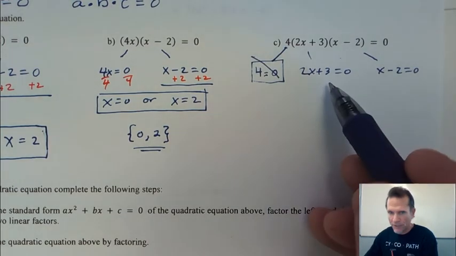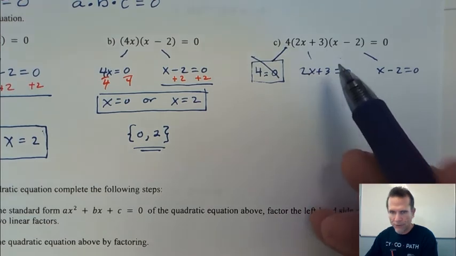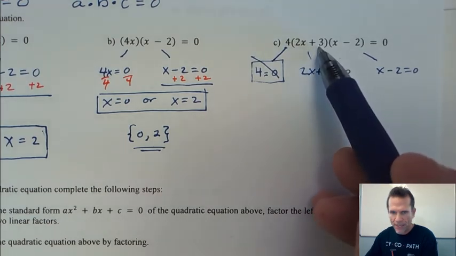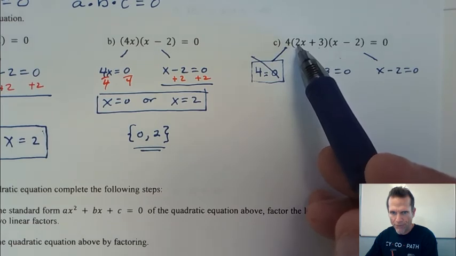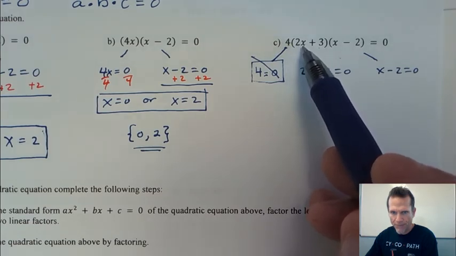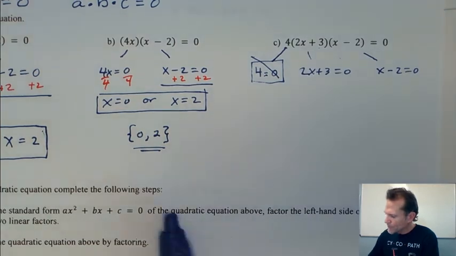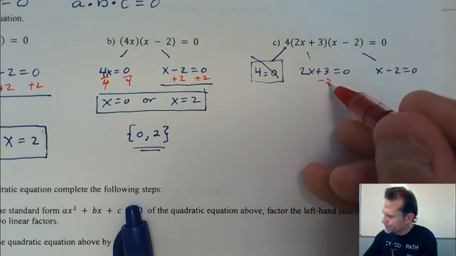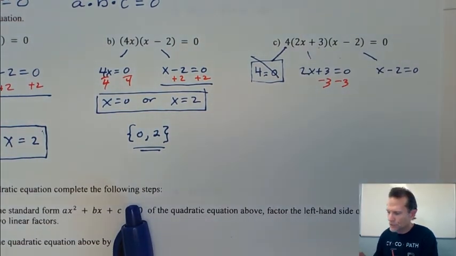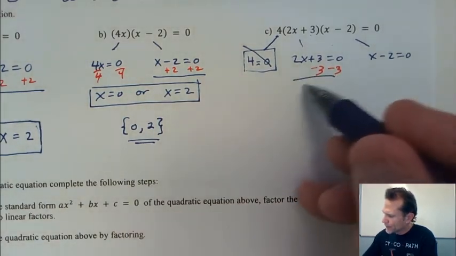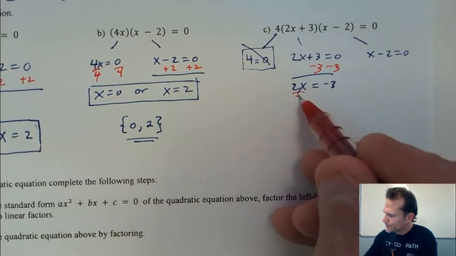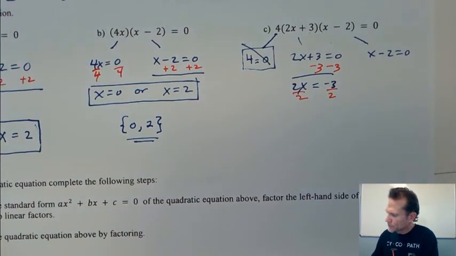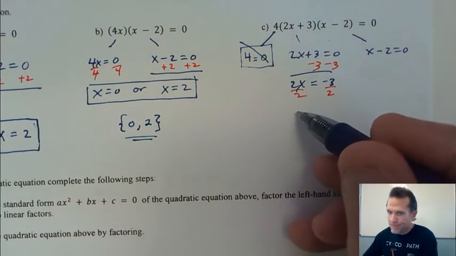Here we can solve these. If you think about the shortcut method, change the sign on 3, put it over the coefficient here of the x term. But if we go through the solving, we get 2x equals negative 3, divide by 2, and we get x equals negative 3/2.